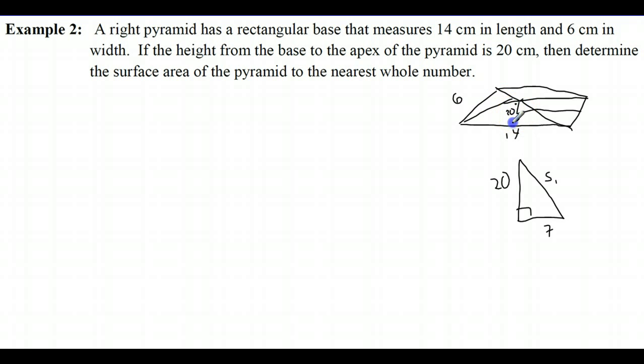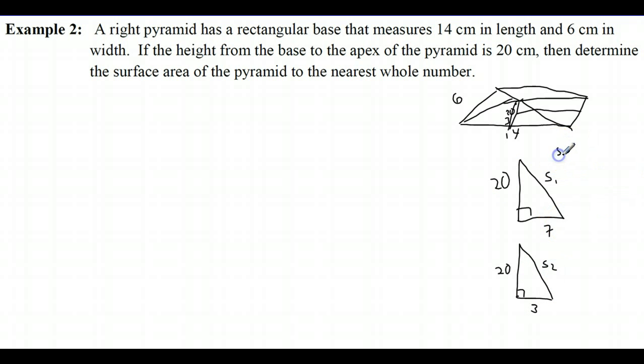So from the middle here, moving out, you see that 6, this will be 3 and 20. So we're going to have another triangle. Well, this is 20, and this is half of 6, which is 3, and this will be S2.